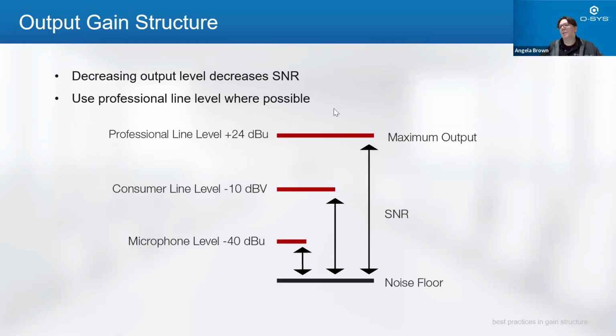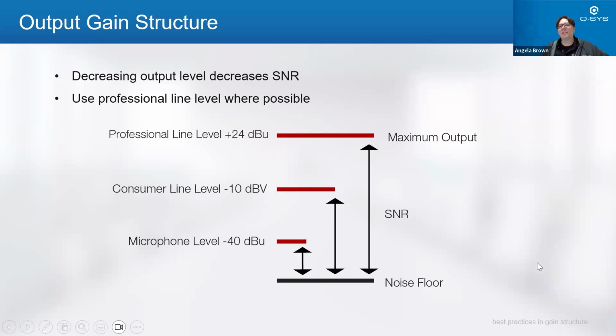One thing to note: when you start messing around with the output gain and changing your output gain levels, these things are all going to affect your signal to noise ratio. You might have set it up all the way through the core and it's perfect and everything sounds great. And then as soon as you have to feed audio into that other device downstream, you're like, why is this so noisy?